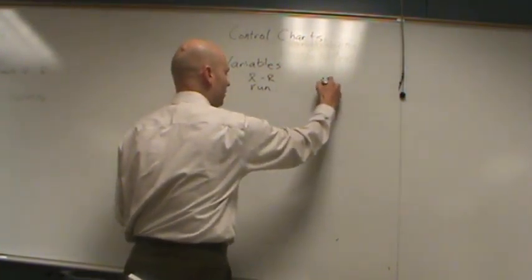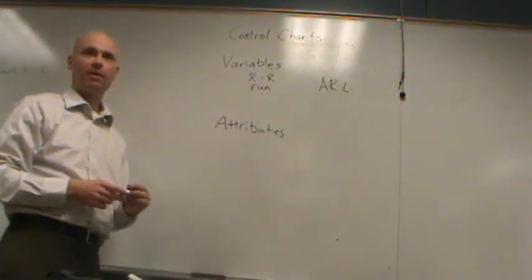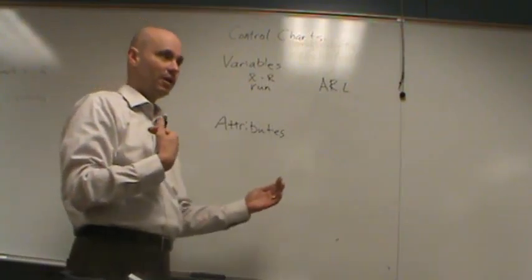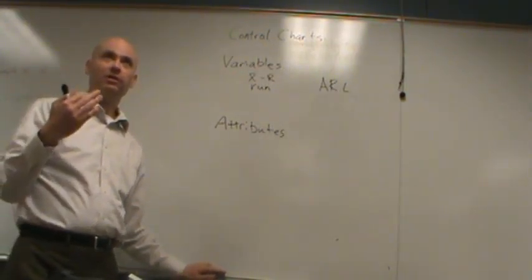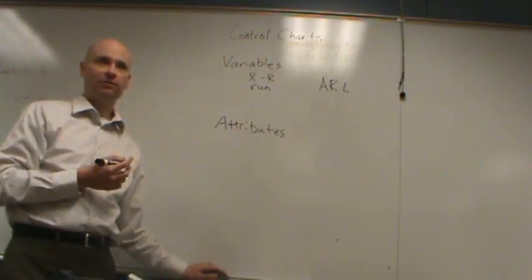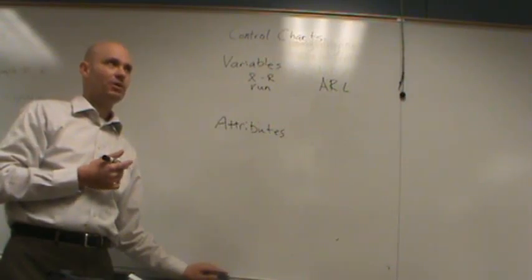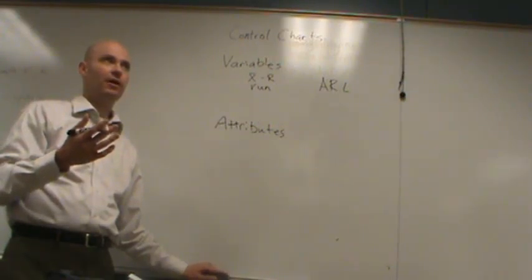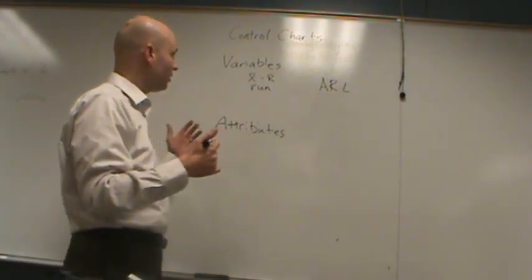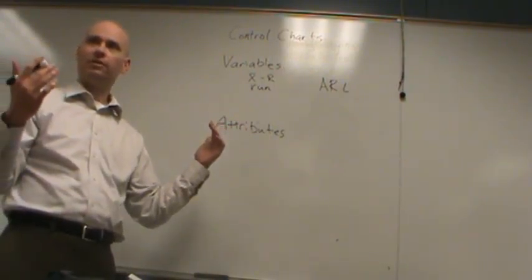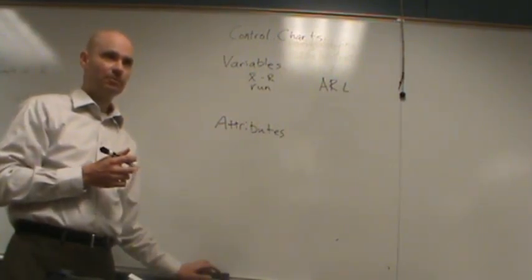There's this phrase called average run length. That's a way of comparing different types of control charts. So the question is, you want a control chart that will quickly detect a shift without excessive alarms. Does that make sense? If you have an X bar R chart, typically those are very good at detecting shifts greater than 1.5 standard deviations in magnitude.